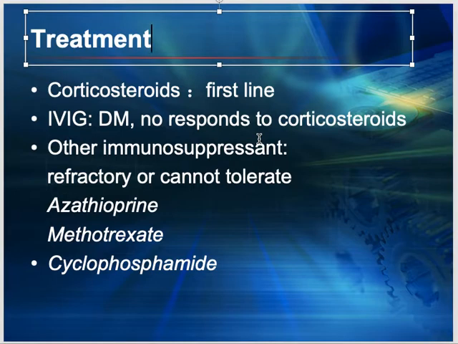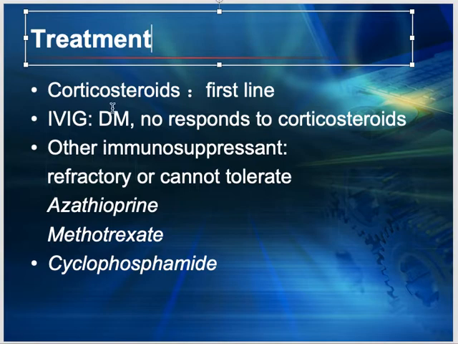I told you about metabolic myopathies like McArdle's disease, where there is a deficiency of phosphorylase. All these things are not so important, so that's why I'm not talking about them.